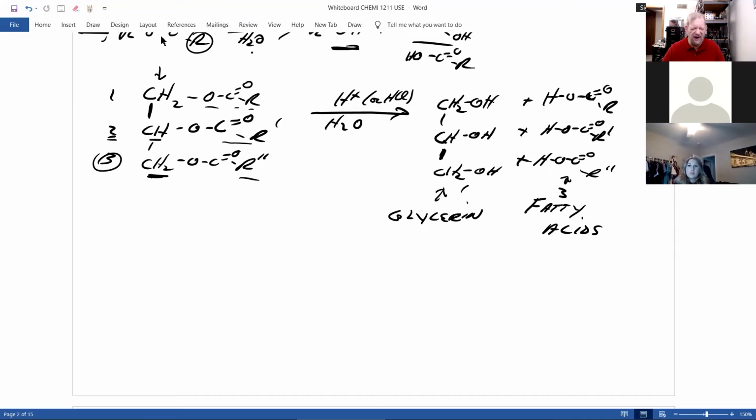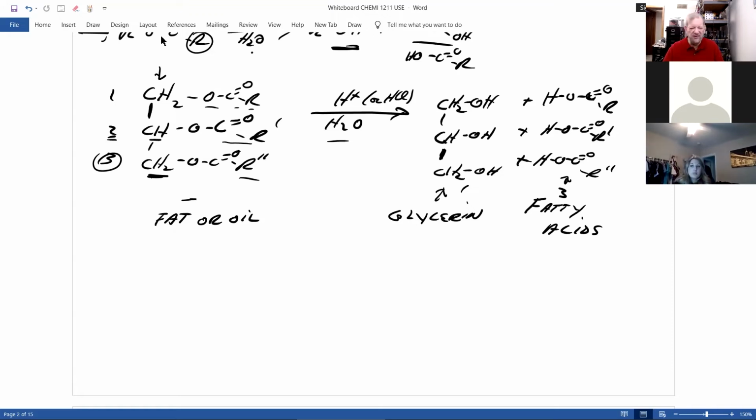So if you take a triglyceride of fat or oil, and react it with acid and water, what do you get? You get glycerin and fatty acids.